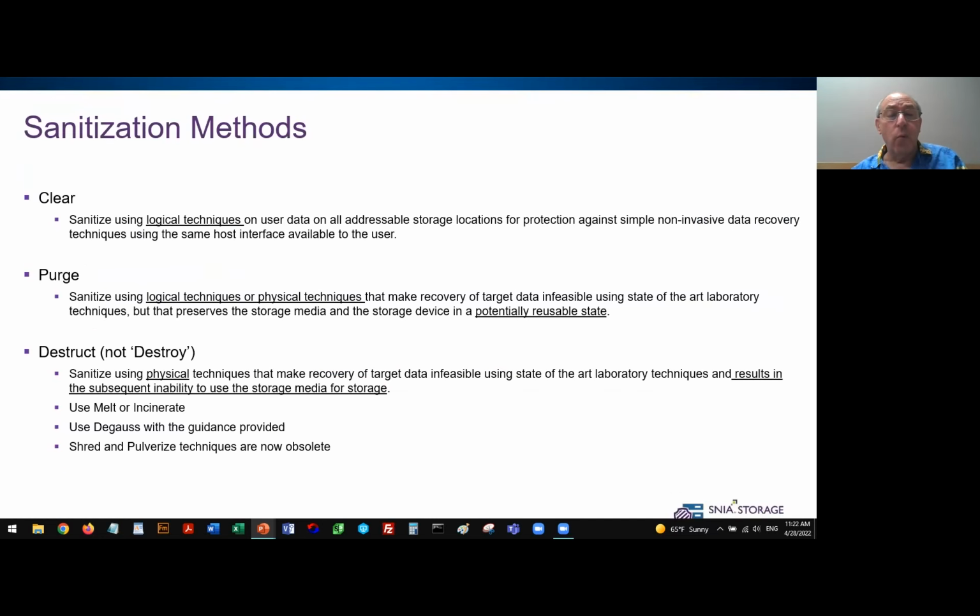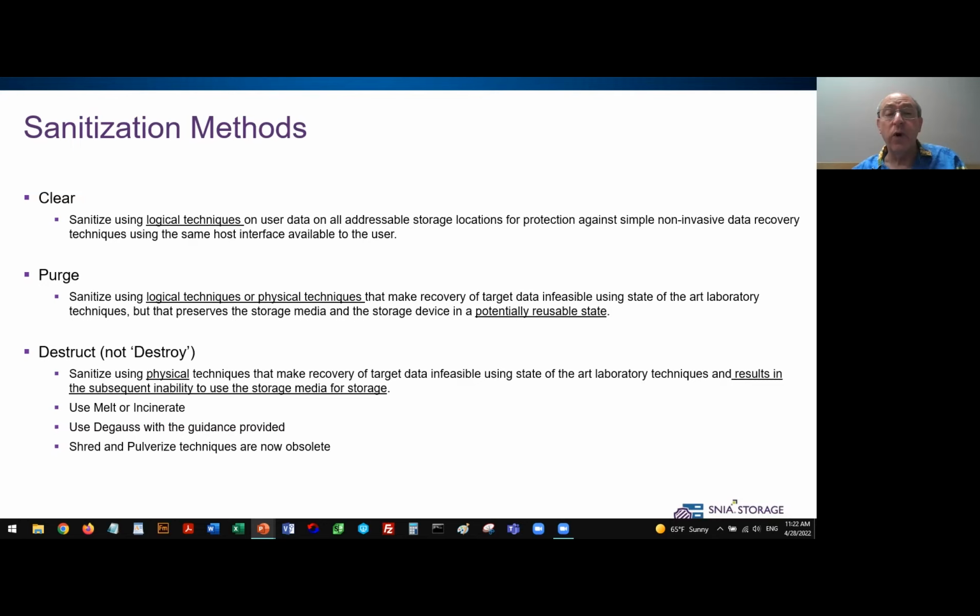So what do clear, purge, and destruct really mean? Clear means you're using logical techniques like a write command or a format command, using the same host interface as the user would use. It only addresses what is user data.